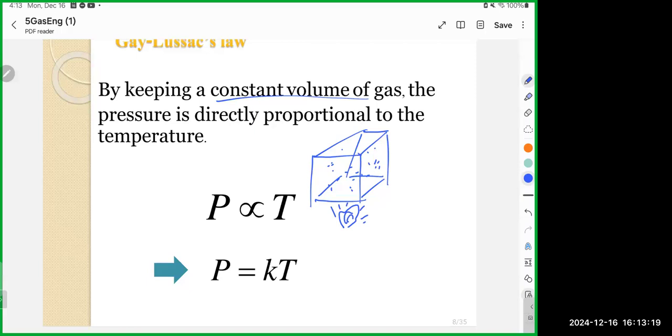So they have more energy, more activity. Then they hit the container more frequently to build up the pressure. That is why the pressure is proportional to temperature, and we can write the equation as P equal to KT.